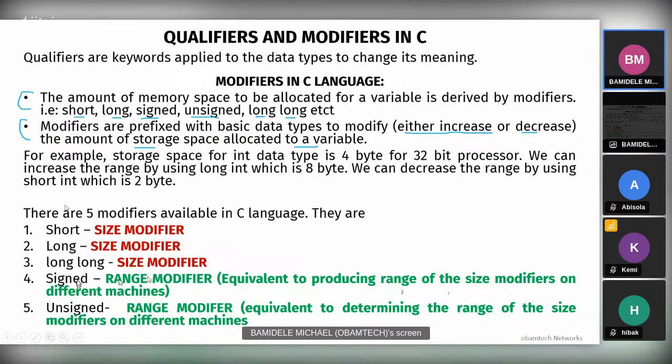A signed data type, just like we said, has a positive sign and a negative sign, like a division of the size modifier split into two, having a different range from minus to positive. Unsigned is the same thing, but it does not have any sign. It does not have negative, just positive, and its range is from 0 to whatever the range is.